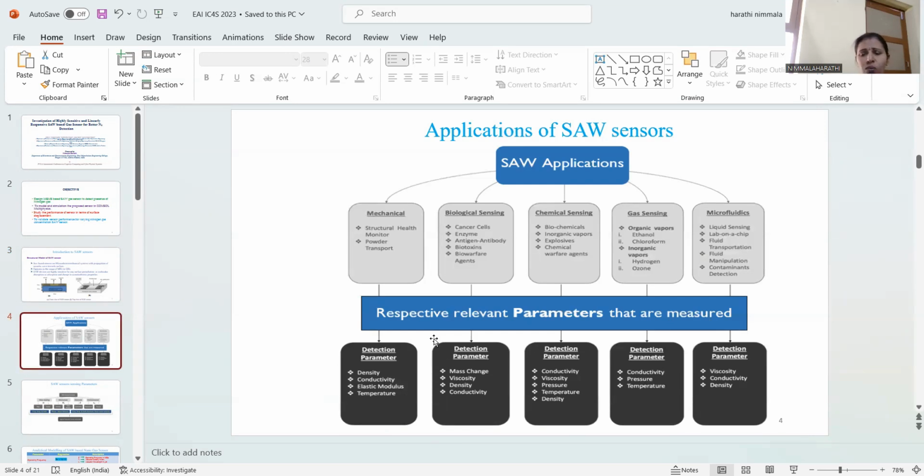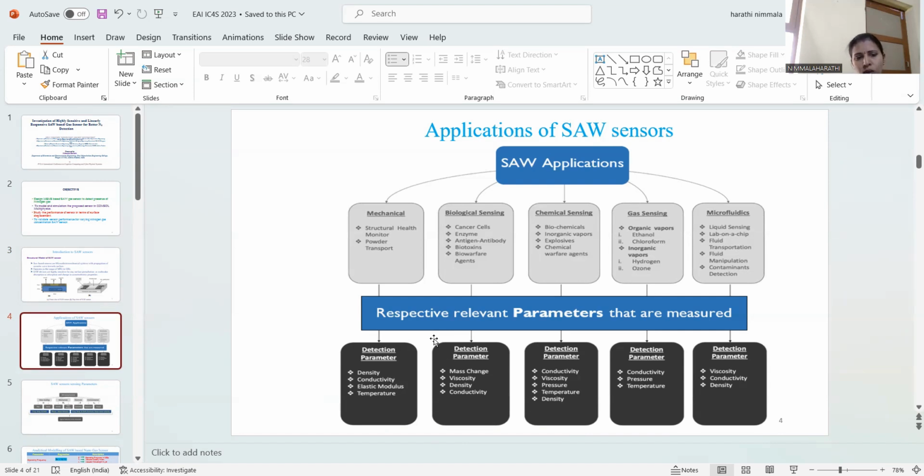When we are using the surface acoustic wave sensor for different applications, the physical parameters which we are identifying will cause a change in the properties of the surface acoustic wave.